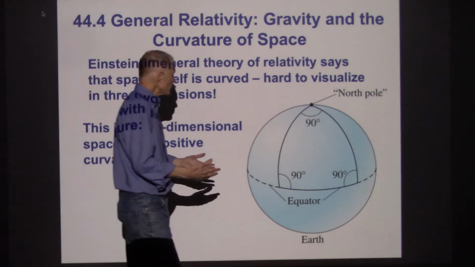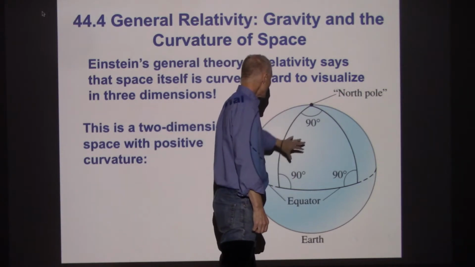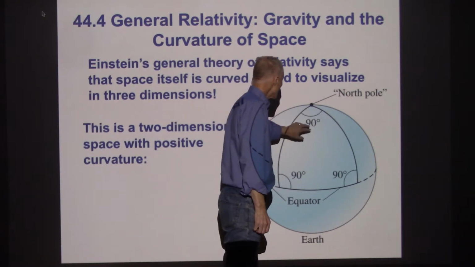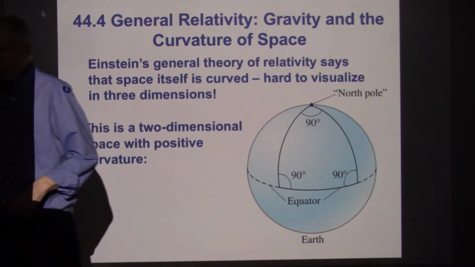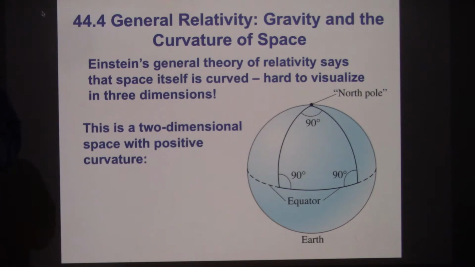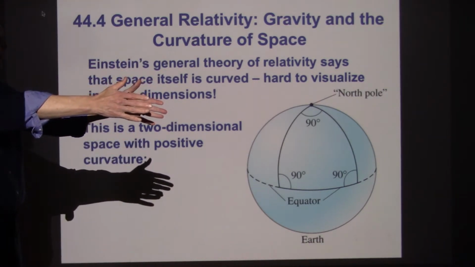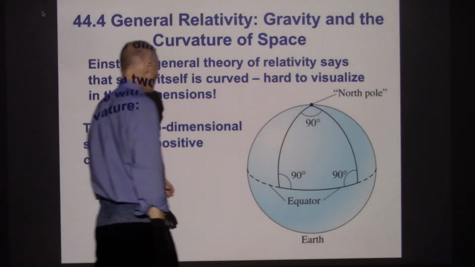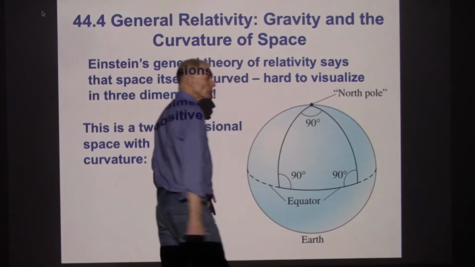So the most familiar example we have with this is kind of the surface of the Earth. So the surface of the Earth, when we follow paths, if we pick a couple of parallel lines on the surface of the Earth and we follow them, we find that these parallel lines begin to converge.